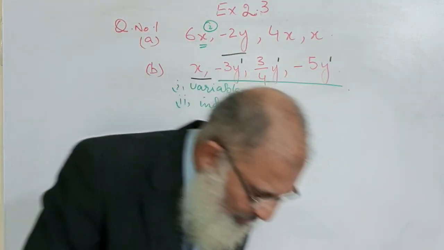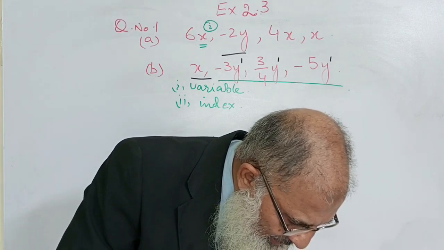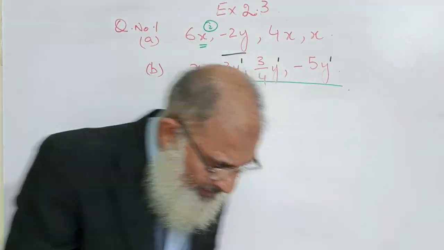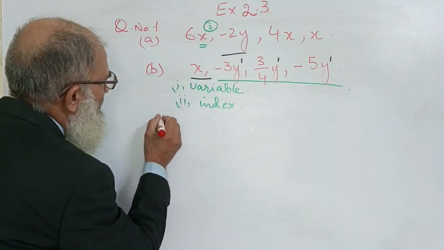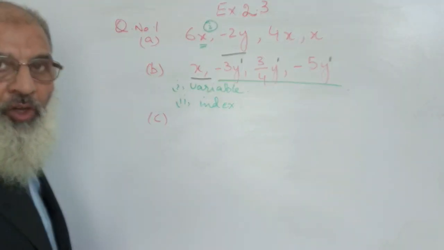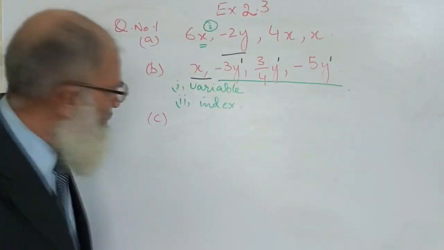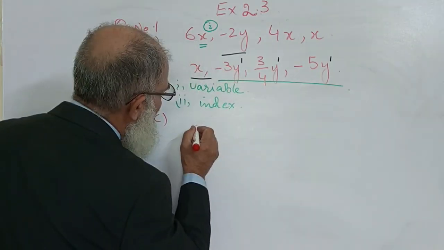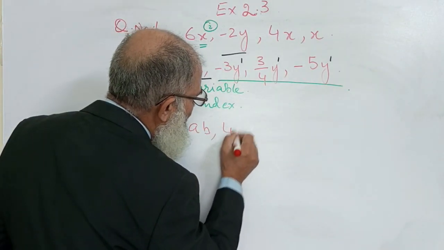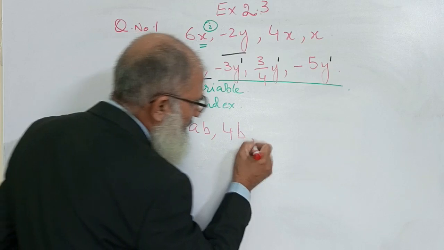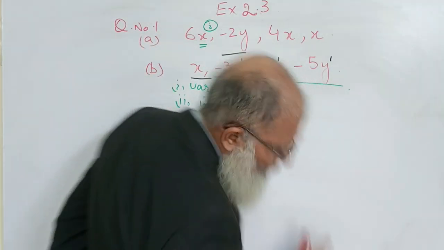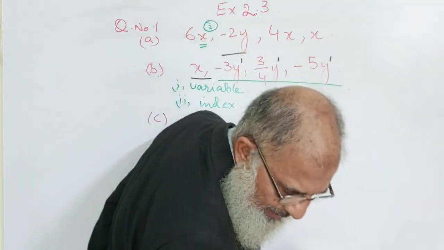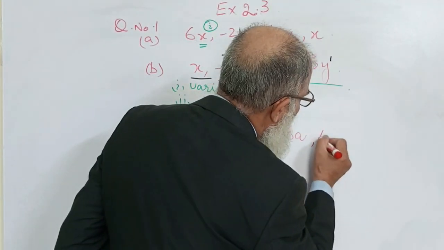There is an interesting question coming up with a little confusion, and that is part C. Now the author has tried to confuse you. AB, minus 4b, minus 4ba, and last is 4a, 6a.